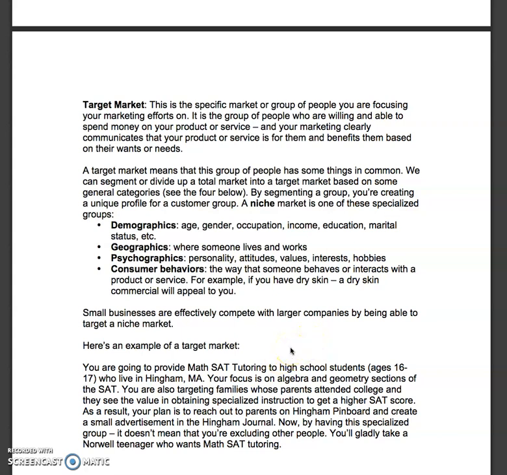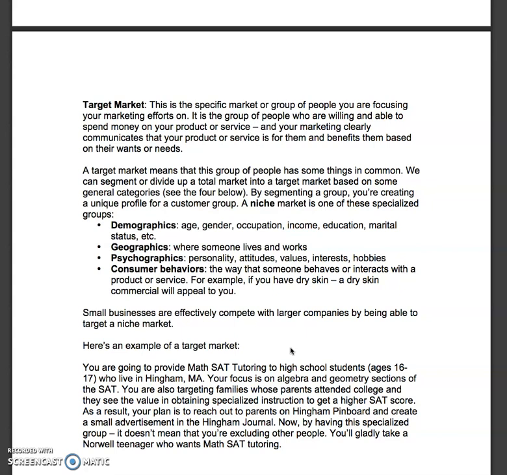Here's an example of a target market. If you were going to offer tutoring services to students, you could define your target market as high school students. Then we look at certain ages, so ages 16 to 17, who live in a specific town. Now you're seeing that the target market starts with everyone on planet Earth, and now we are making it smaller, more focused, more defined.